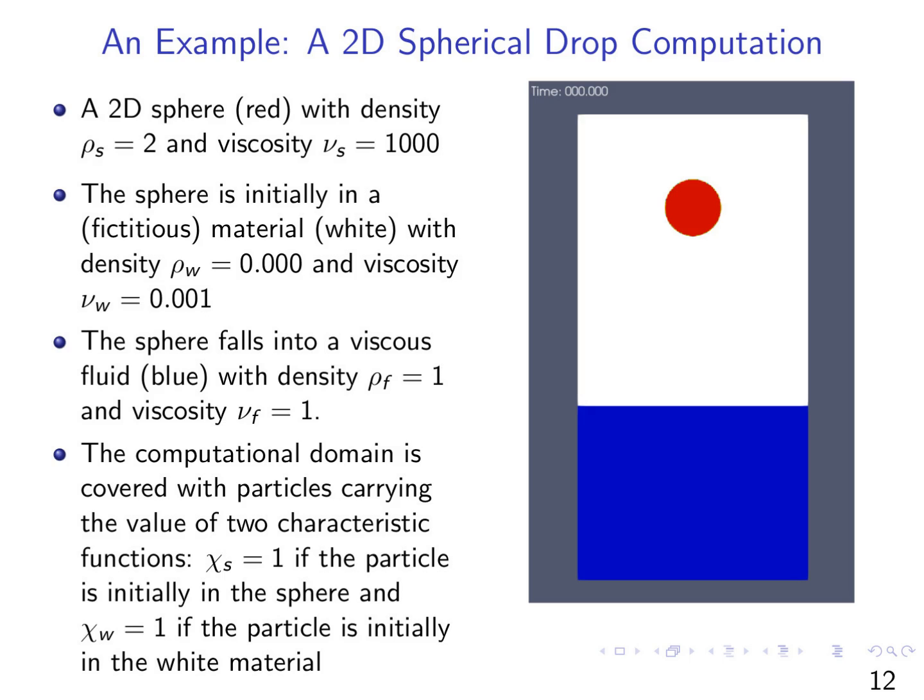So for example, if you're in the red, then I would expect that chi s for sphere would be 1, and chi w for white would be 0. If you're in the white, I would expect that chi s would be 0 and chi w would be 1. And if you're in the blue, then I would expect both chi s and chi w would be 0.